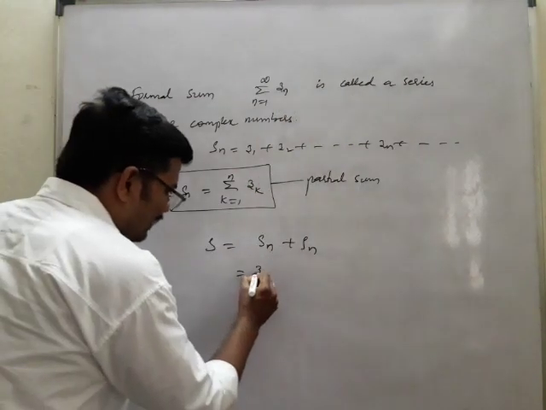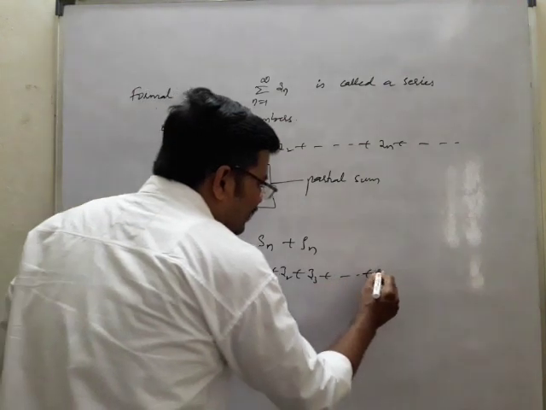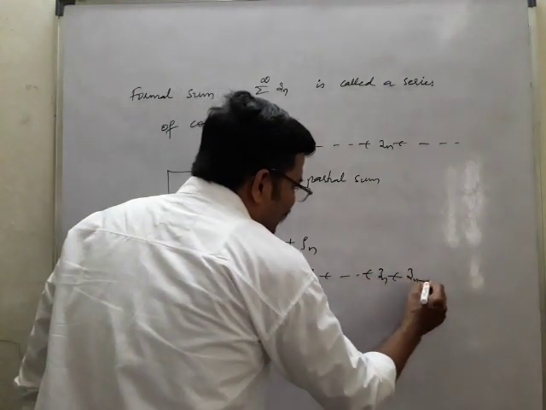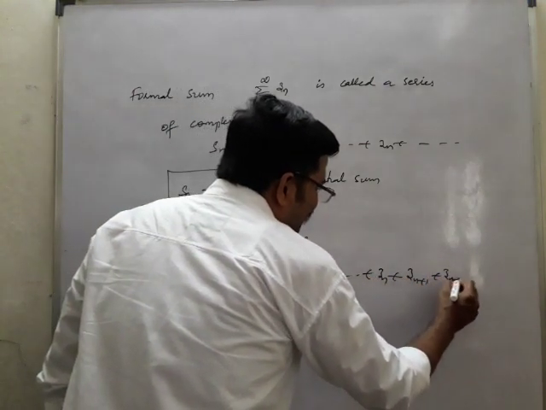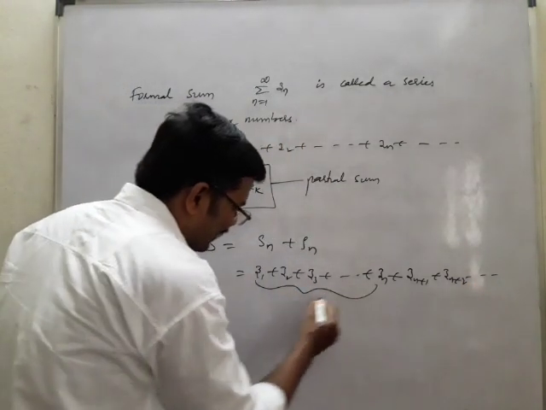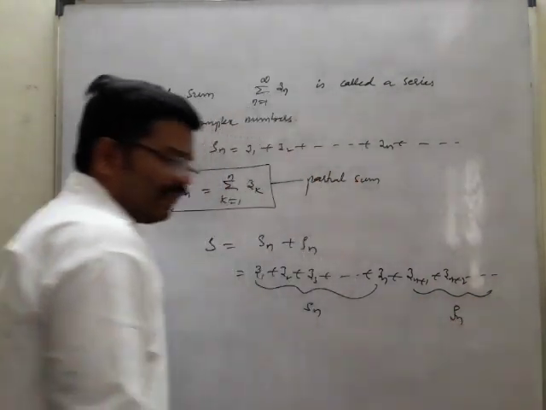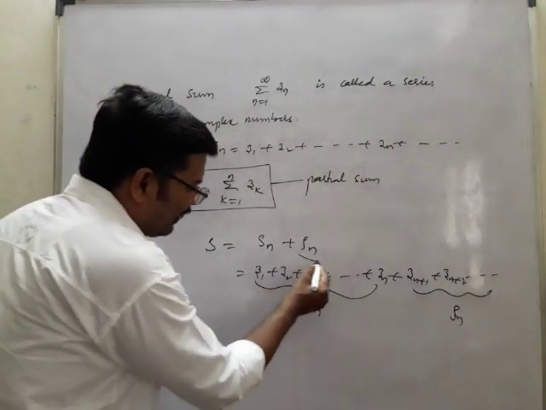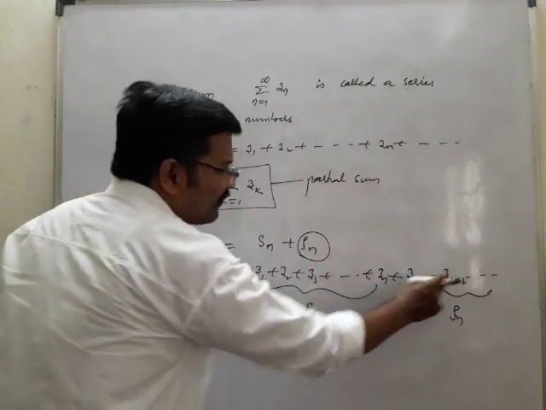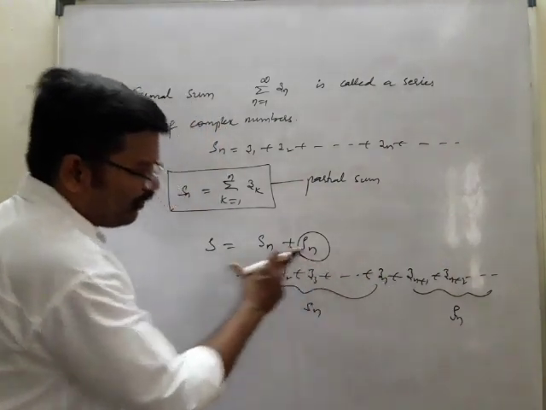I may write Z1, Z2, Z3 and so on plus Zn, plus Zn plus 1, Zn plus 2 and so on. This part is Sn and this part is rho n. Rho n is after n plus 1 terms, Sn is up to n.